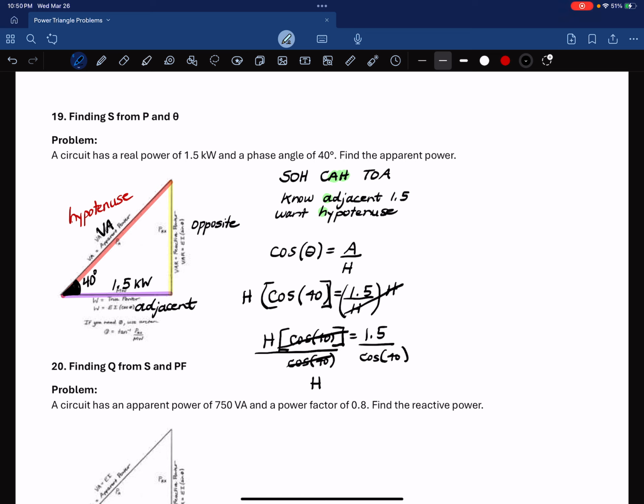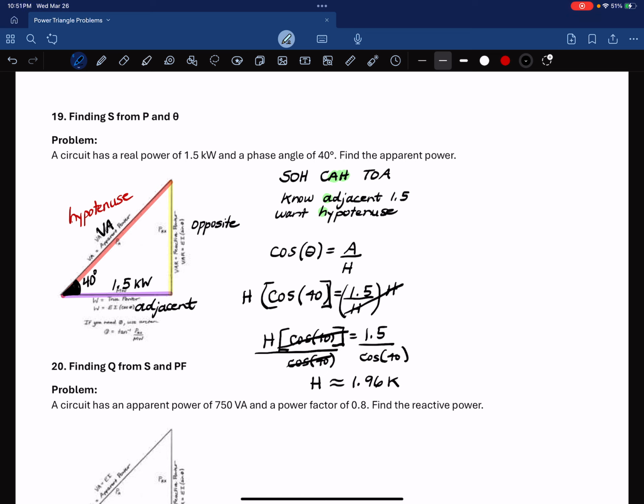Sorry, bear with me one second. 1.5 divided by the cosine of 40 equals about 1.96 is the apparent power. And remember, we do have kilo involved here.